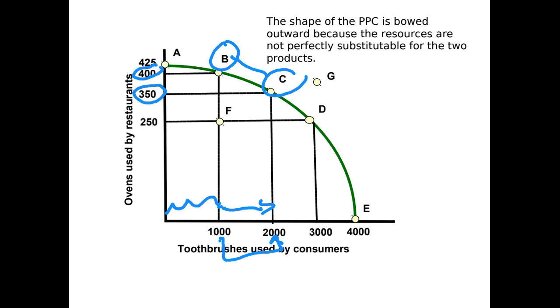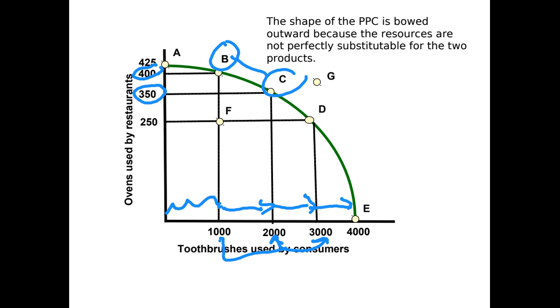Similarly, if you keep increasing the production of toothbrushes, notice every time you give up more and more ovens. If you move from 2,000 to 3,000, you are reducing the production of ovens from 350 to 250. That is 100 ovens is the cost.